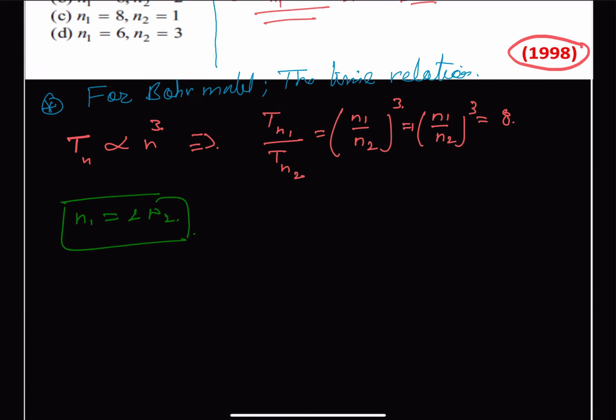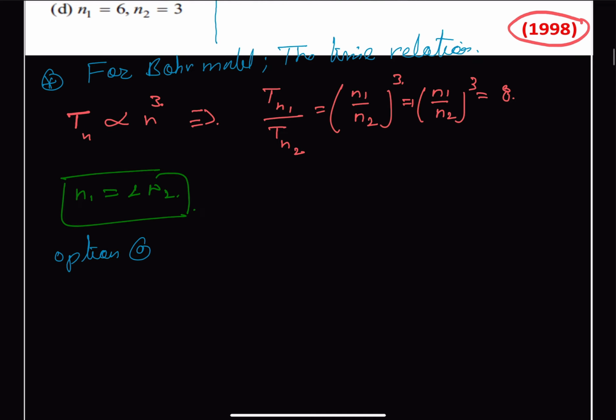Option A gives us that n1 is 4 and n2 is 2. So obviously from here we can say that n1 is equal to 2 times n2. This relation holds true. So therefore option A is correct.